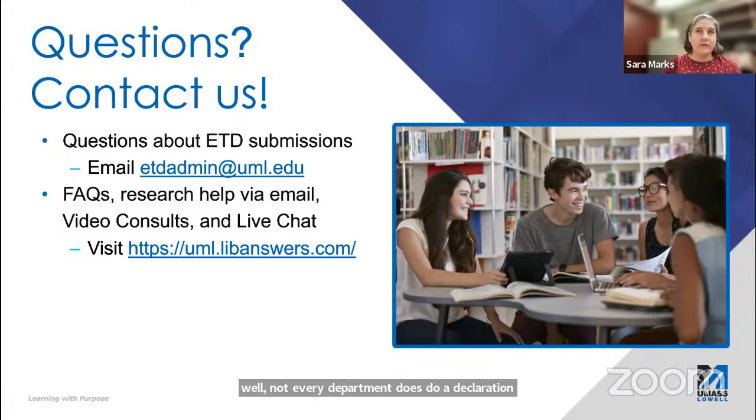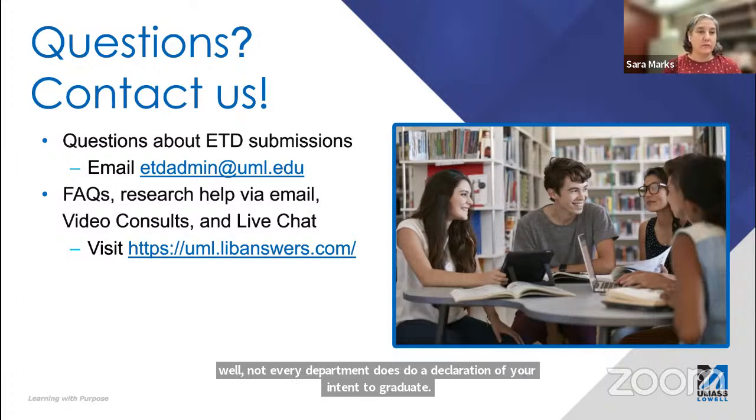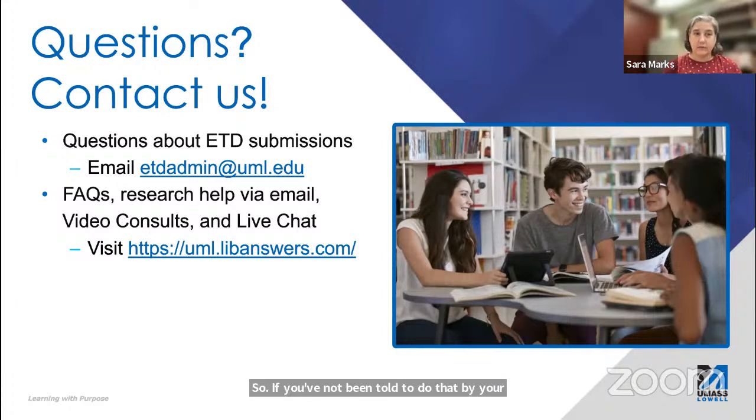So if you've not been told to do that by your professor or your advisors, check in with them to make sure your department does that. We just tell you to do that because that's what the university is asking, but some of the smaller departments don't require that level of formality to move forward. But as far as the drafts and all of those other deadlines go, yes, those are firmer deadlines. Just check with your professors about that declaration to graduate.